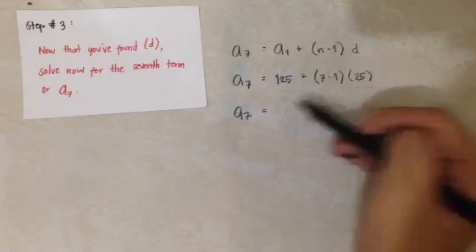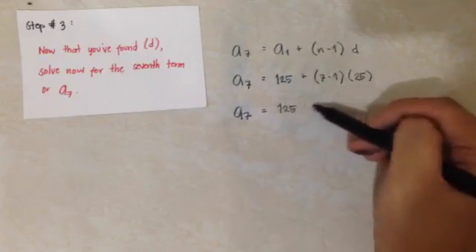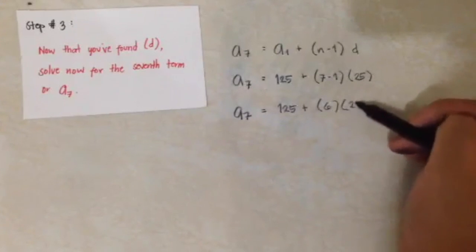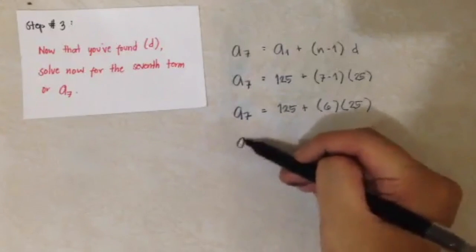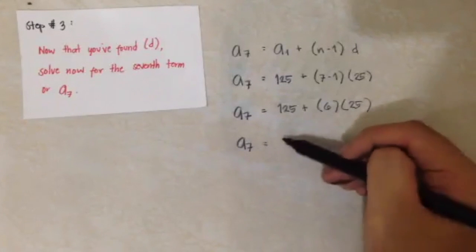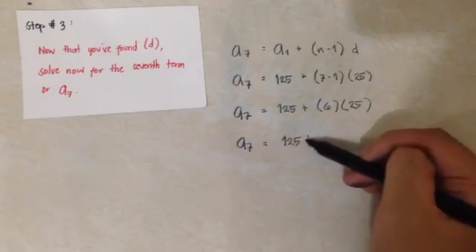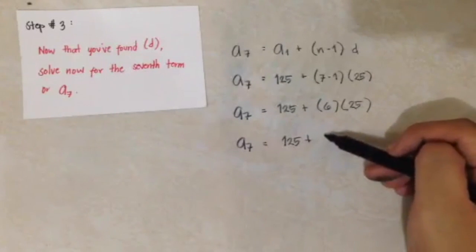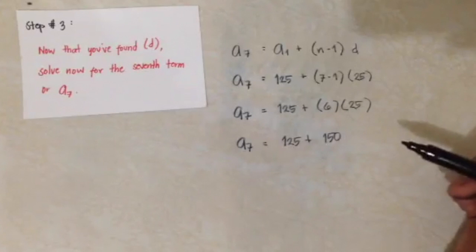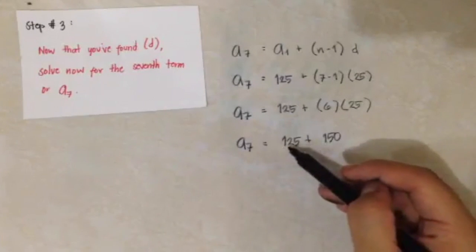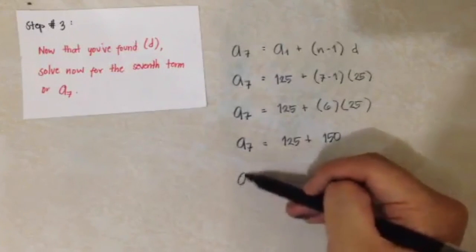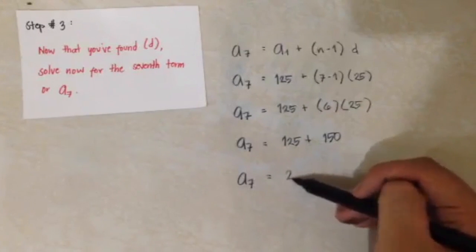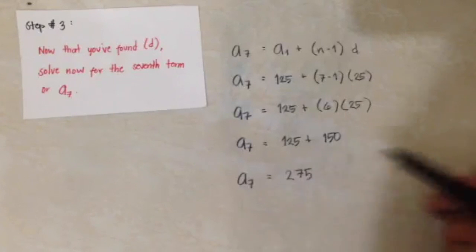A sub 7 is equal to 125 plus 7 minus 1, which is 6, times 25. A sub 7 is equal to 125 plus 6 times 25, which is 150. So 125 plus 150 is equal to 275.